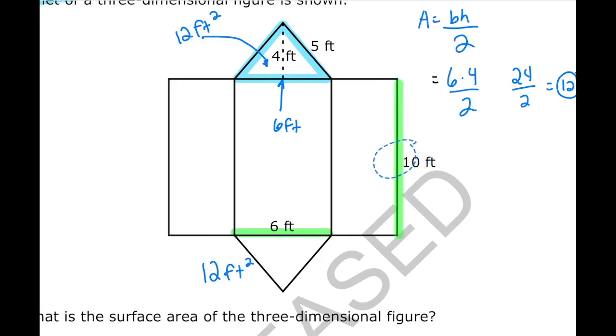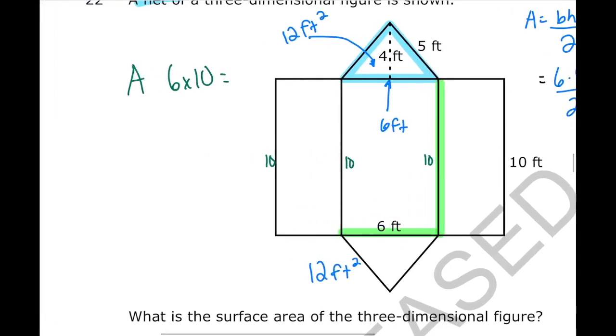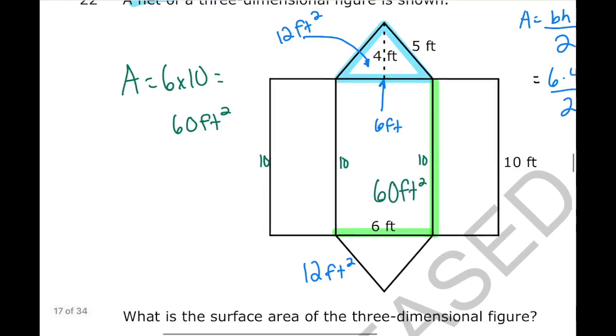And if that length is 10, that means that this length is 10. So we can put a 10 here, here, and here. So the area for this would be 6 times 10, and that gives us 60 square feet.